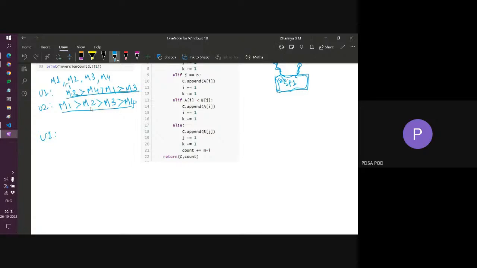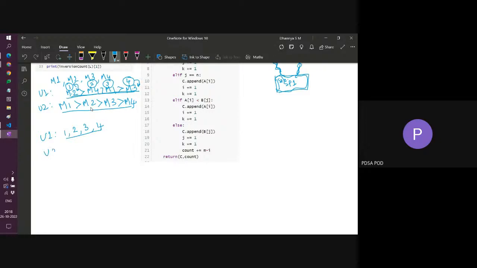Let me say that 1 represents M2, 2 represents M4, 3 represents M1 and 4 represents M3. That mapping is done implicitly. Once you get the solution, you just have to do a remapping. That's it. So this is the preference given by U1.